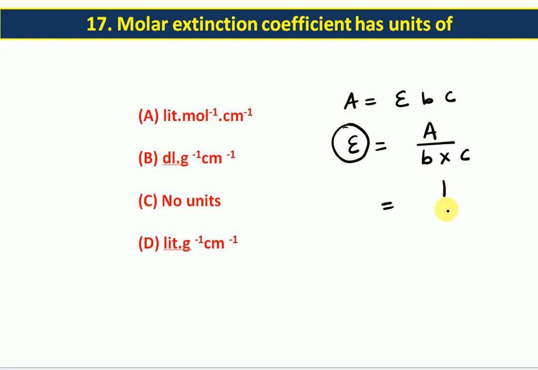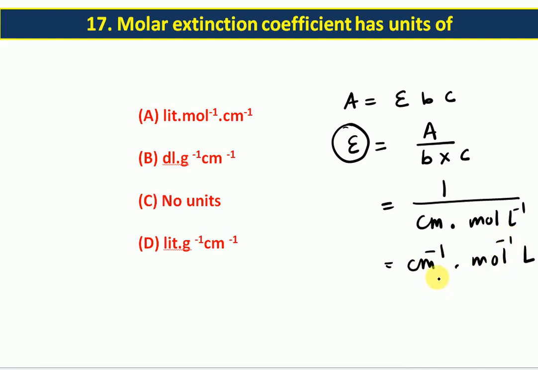A is absorbance, a unitless quantity, path length has unit of centimeter, concentration has unit of moles per liter. So by rearranging this we will get reciprocal centimeter per mole per liter. So liter per mole per centimeter is the unit of molar extinction coefficient, and it is given in option number A.